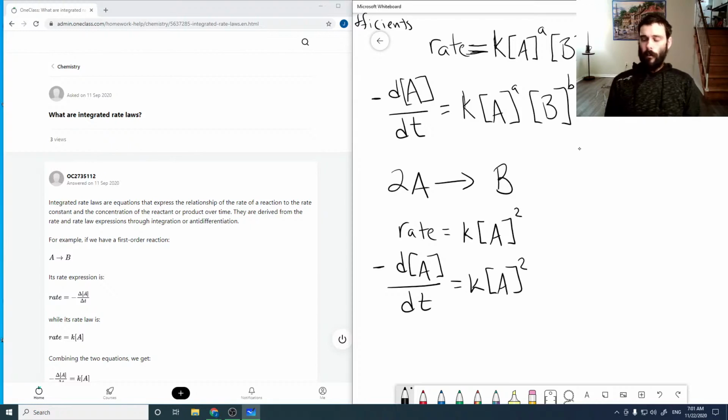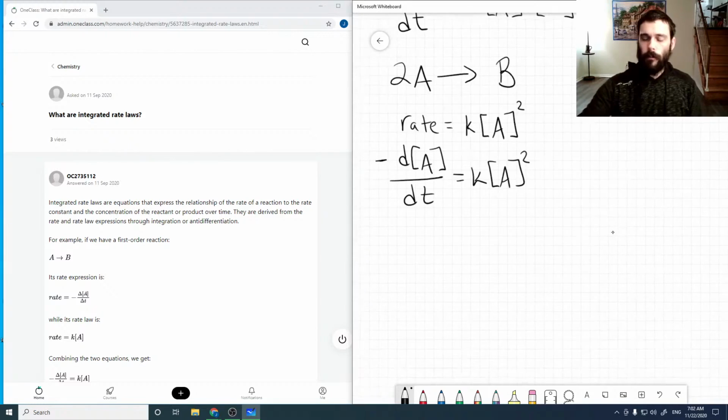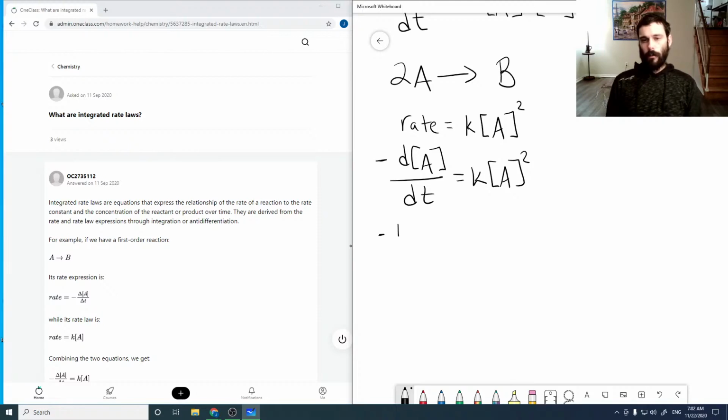Okay, and then with our rate expression, we can rearrange it to make it a little nicer for integration. So minus dA over A squared is k dt.